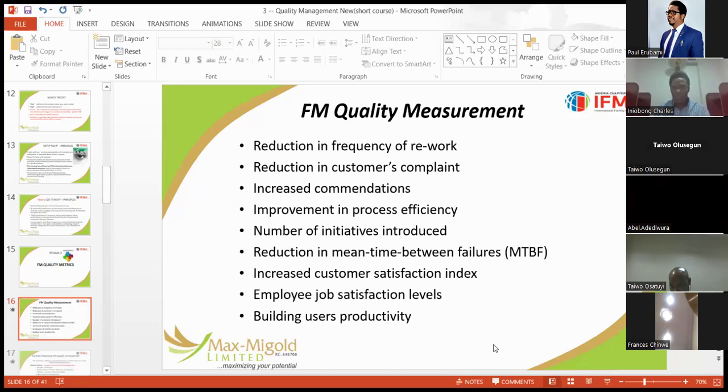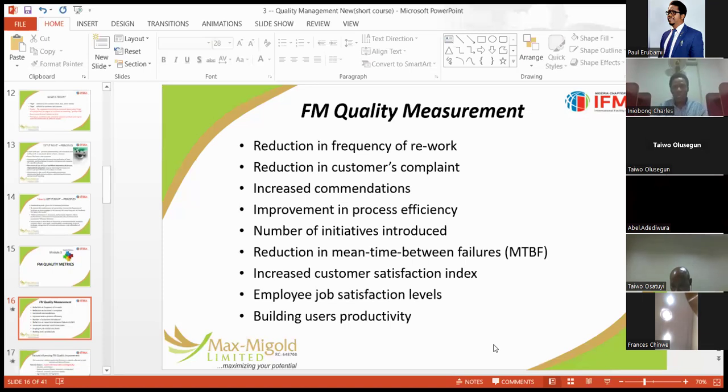Reduction in mean time between failures. The mean time between failures should be reduced. Increase customer satisfaction index. For example, if your customer satisfaction index is 90%, as in at the end of the year, when you carry out your survey of customers' perception and you do your analysis and everything, maybe the SLA is that you must get up to 90%, but you want to push it higher.